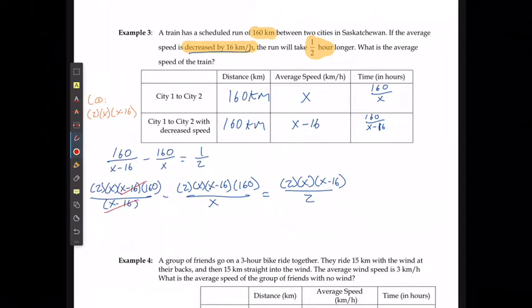Take out the x minus 16 from the first one, the x from the second one, and the 2 from the last one. And then I'm just going to multiply them out.